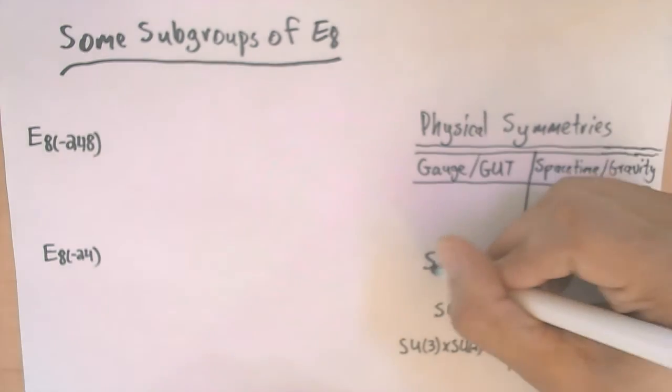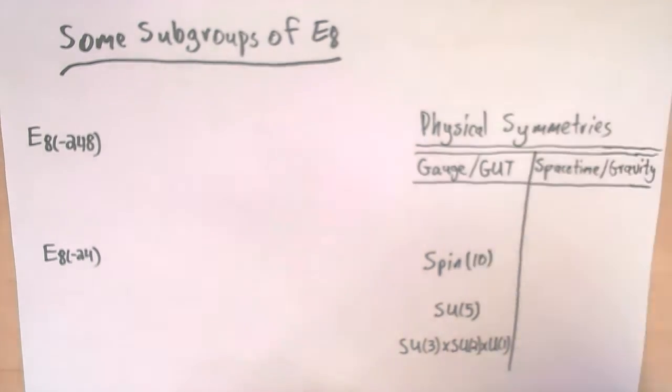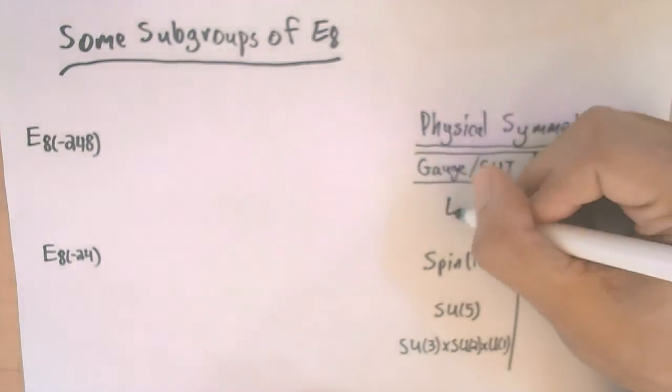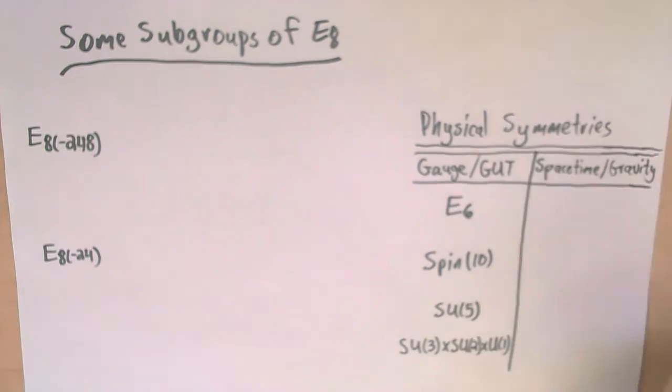Spin(10) GUT unifies one generation of fermions into a single 16 representation, which then fits inside E6 GUT. For spacetime symmetries, the Lorentz group is given by Spin(3,1), which is isomorphic to SL(2,C).